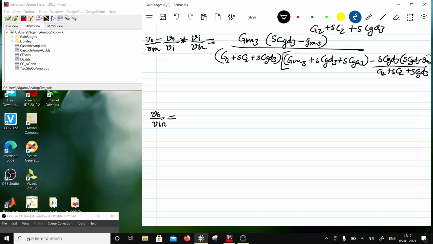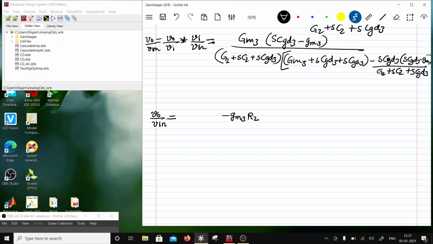if I take minus GM3 outside, right, then I would have, okay, and I am going to multiply this with R2, the denominator and the numerator.